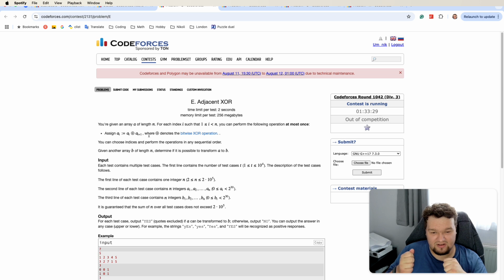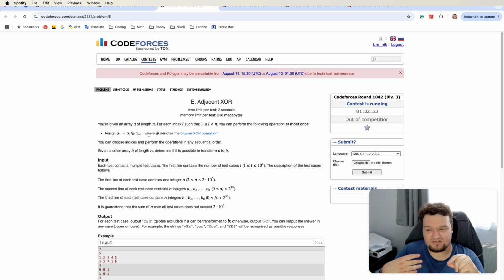So for every position, I know what should be the value of the next element at the moment when I apply the operation. Also for the next element, I know that its value is either AI or BI, where I is that position. So if for some position I cannot get the value I should XOR with in the next position, it's just impossible.